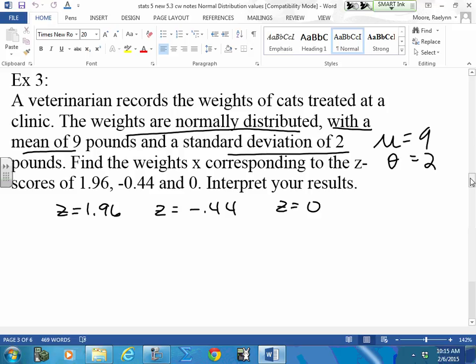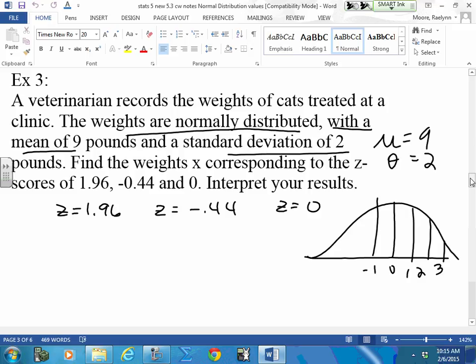We're going to start with the sketch. Remember how I combined mine? So we're going to combine these again. Put your z-scores on the bottom, and we're going to put your x's on the top. 9. We're going to add the standard deviation: 11, 13, 15.